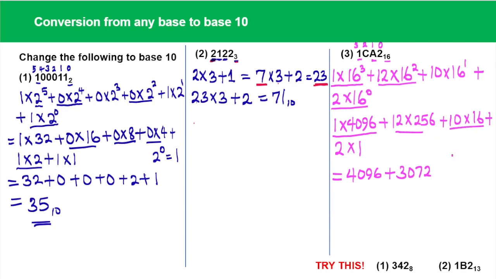Then 10 times 16, that will give you 160 plus 2 times 1, that is 2. Finally, we add up these values together and that should give us our final answer. So finally, if we add this plus this plus this plus this, we will have 7330 base 10.